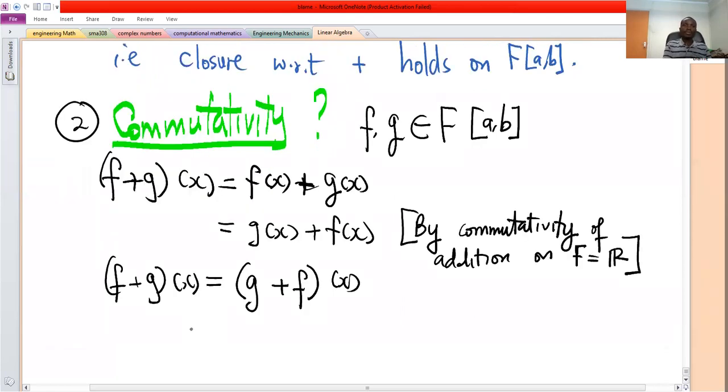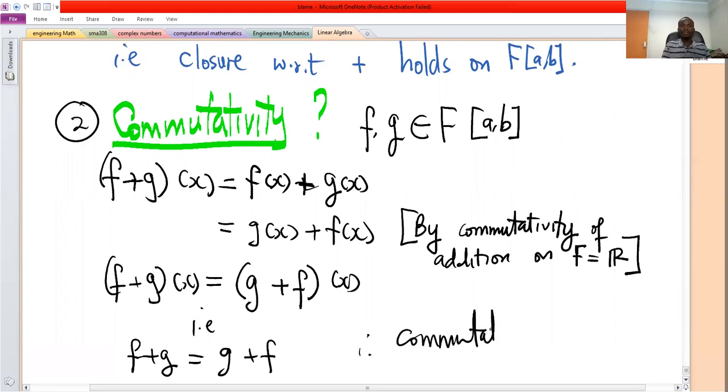So from this one, we can say that f plus g is nothing but g plus f. Therefore, commutativity with respect to addition holds on this set F.